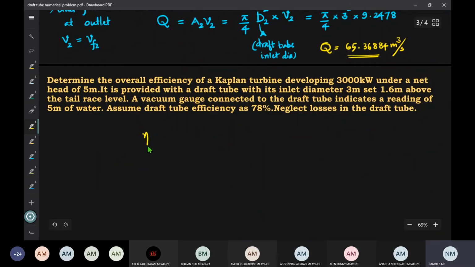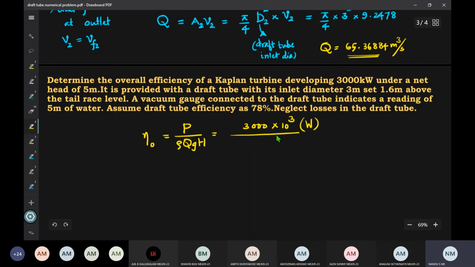So please now find out the overall efficiency, P divided by rho QGH. So shaft power by water power. Overall efficiency, shaft power, what is that? 3000 kilowatt converted into watts, 3000 into 10 raised to 3. Of course, that is in watts.